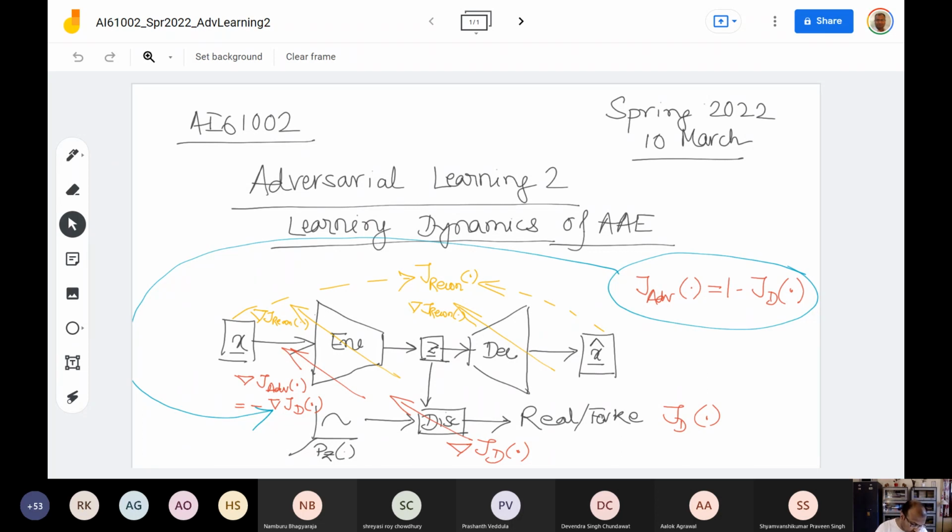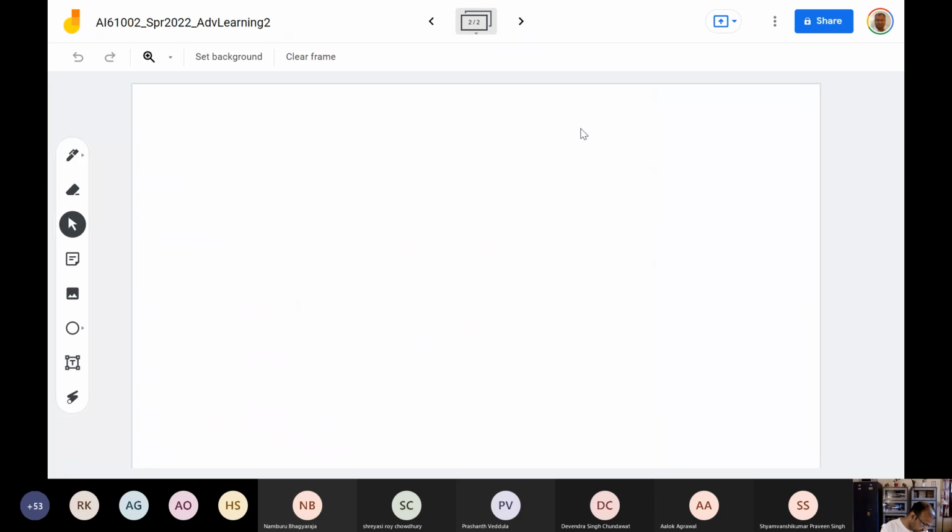Now that we know this is going to happen, let's look at what will happen in terms of the loss functions, and that is essentially what we know as the dynamics of learning.